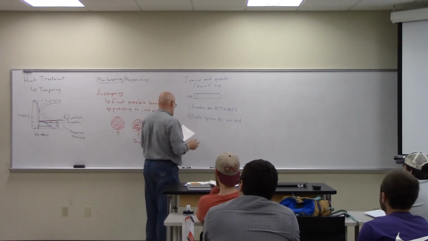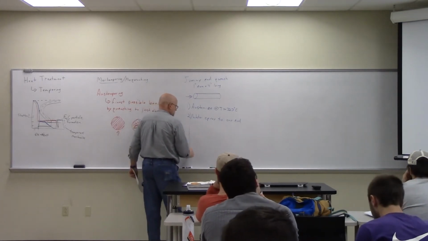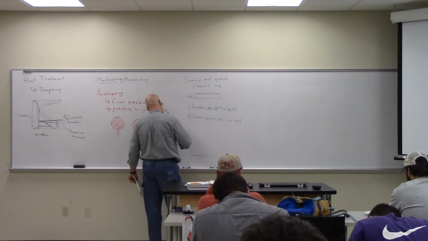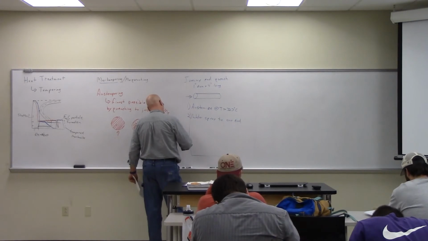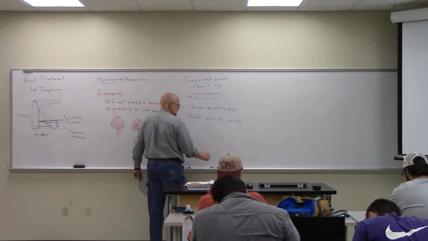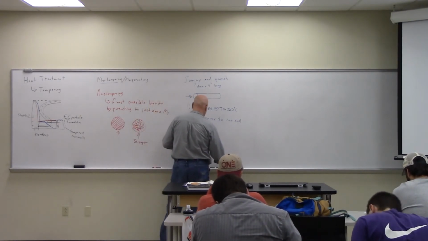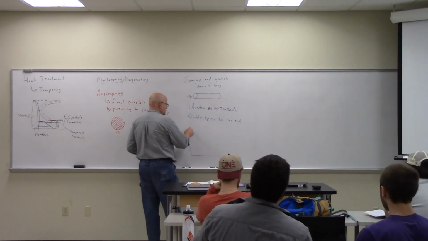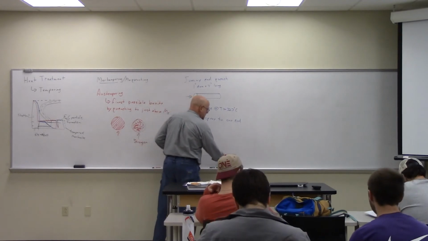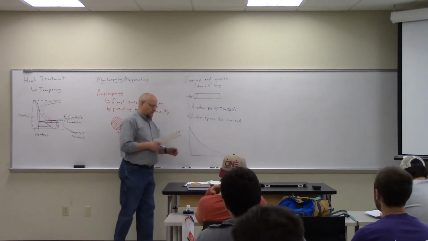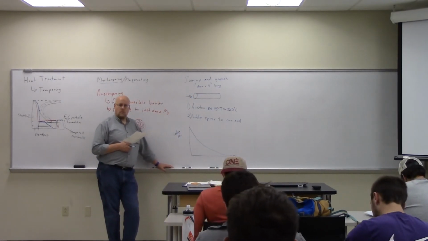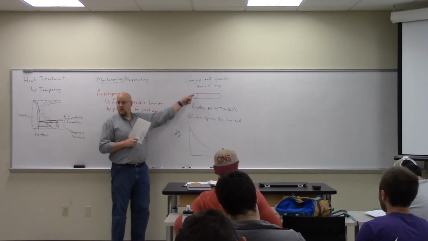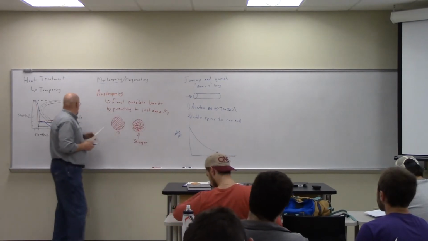And if I plot the cooling rate as a function of position, d, the distance from the quenched end, I get something that looks like this. I get a high cooling rate for this end, so this end experiences a rapid quench.